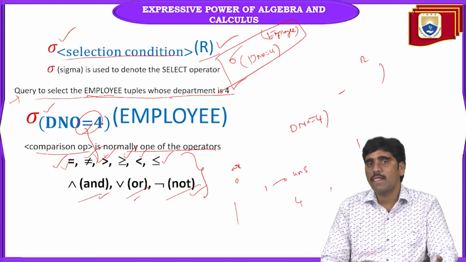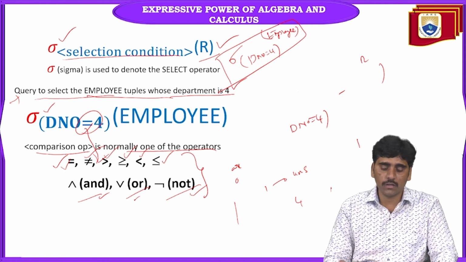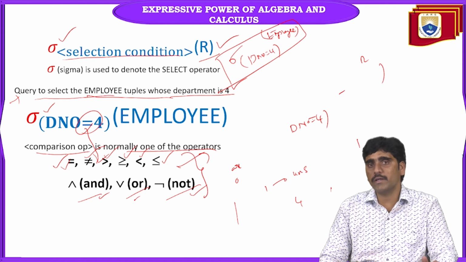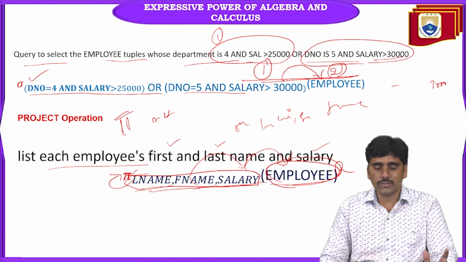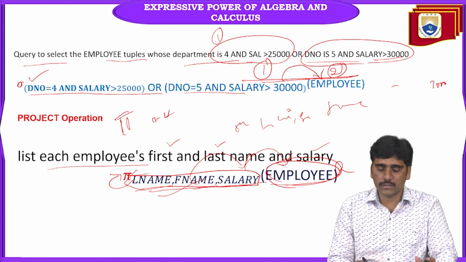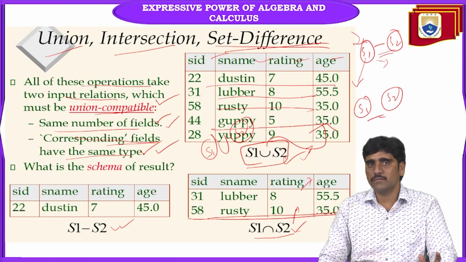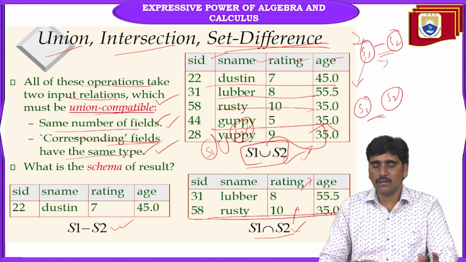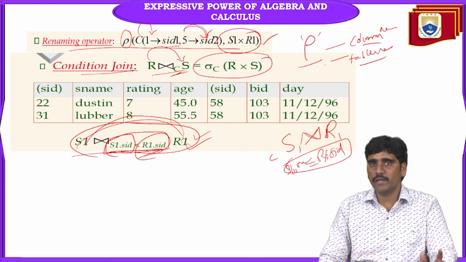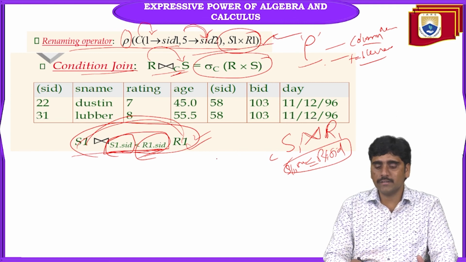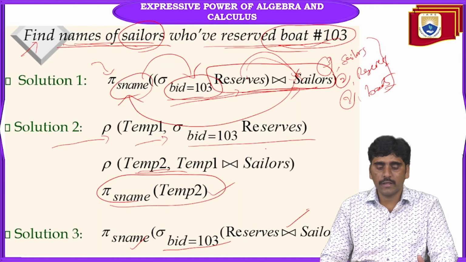And while writing all these queries, we can include comparison operators also. So the selection operation, the projection operation for projecting values, then union, intersection, difference operators, then the renaming operation, the conditional join operation, and then we have seen some examples.